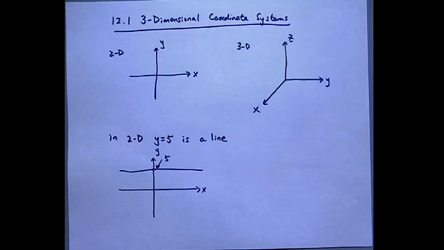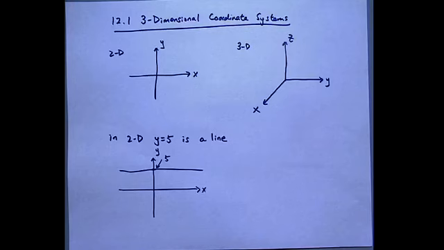In addition to that, we also have to consider the z dimension. In this case, z can also be anything. So we're going to consider all the points sitting just above it, all the points sitting just below that, and we keep going until we accumulate all of these possible points with y is equal to 5.